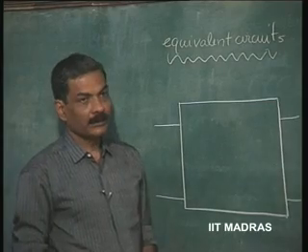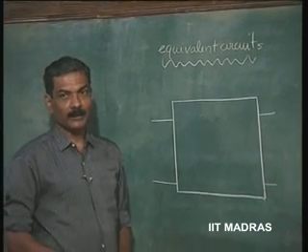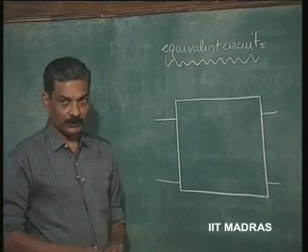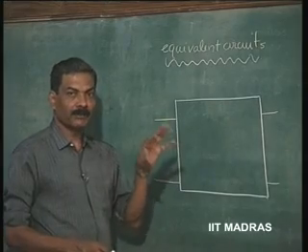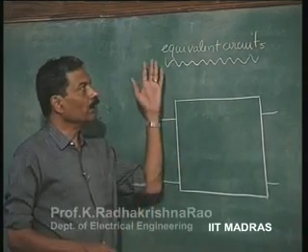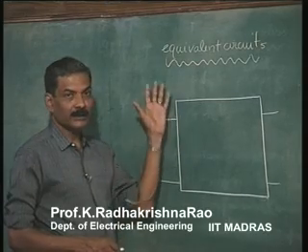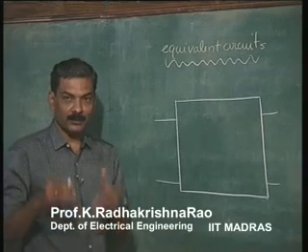Now that we have studied these parameters Z, Y, H and G, we can represent any two-port. In this particular case, we are interested in representing your amplifier by what is called an equivalent circuit. This two-port can be represented as a circuit block.